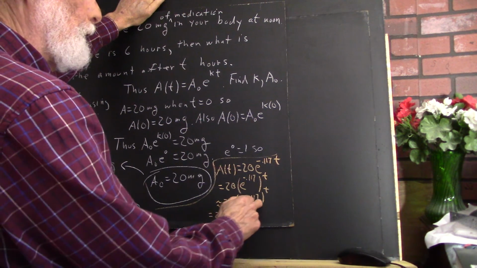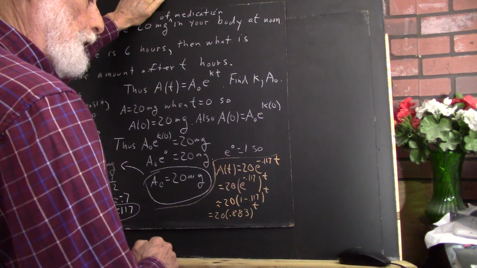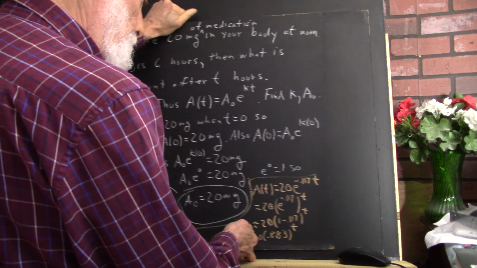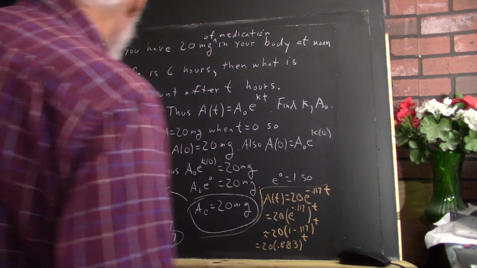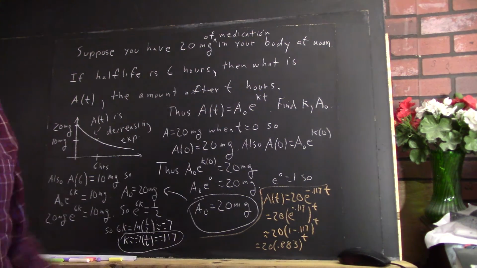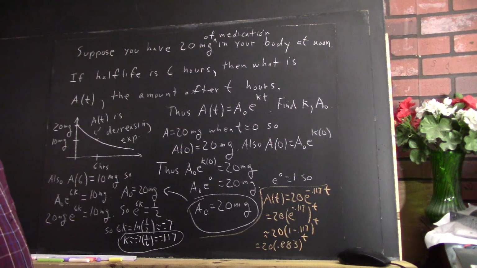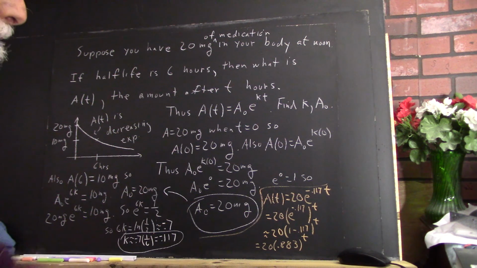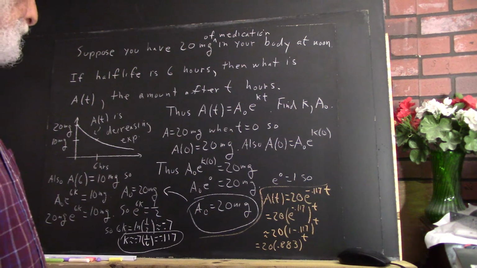So this is a b to the t for b equals 0.883. You multiply that by 20, and you have it. Okay. So now, if you want to calculate how much you have after 12 hours, you can just take 20 times 0.883 to the 12th and figure out what it is.